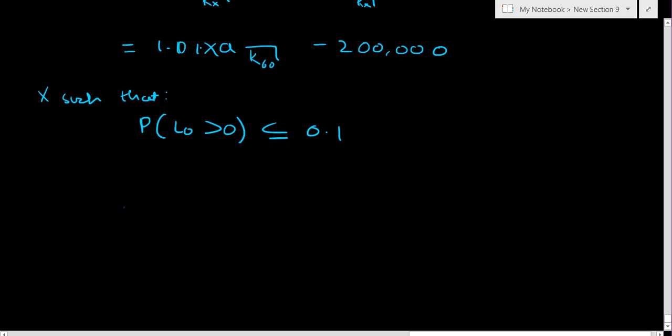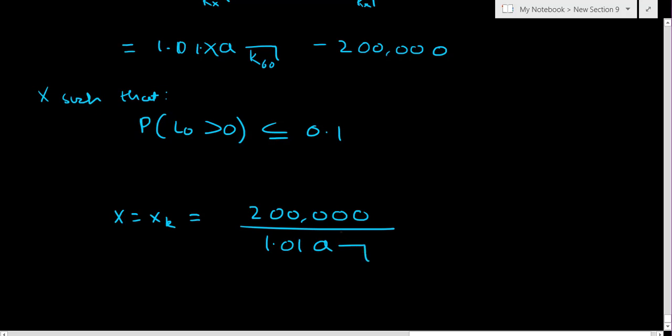Okay, so let's give X a hypothetical value again. What we'll call X is X equal to XK, or you can call it XP, XL, whatever you want. So XK would be equal to 200,000 into 1.01 into a, now in place of K60, I'll have AK, right?